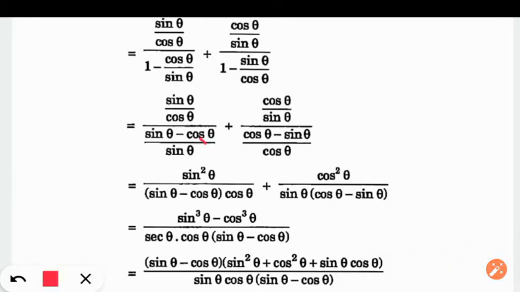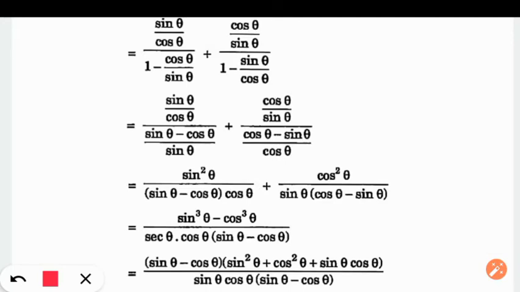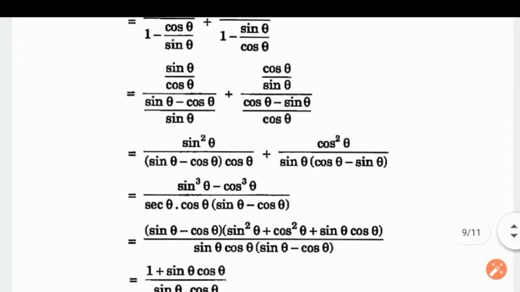When this sin theta multiplies with this sin theta, we will get sin square theta. And when this cos theta multiplies with this numerator, we will get this. Similar thing is done with this term. Now again take the LCM.